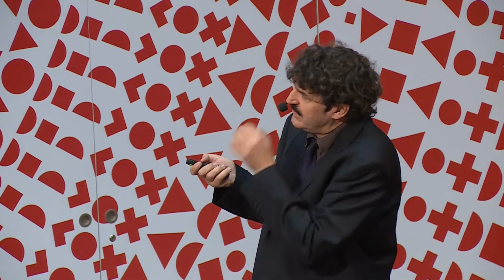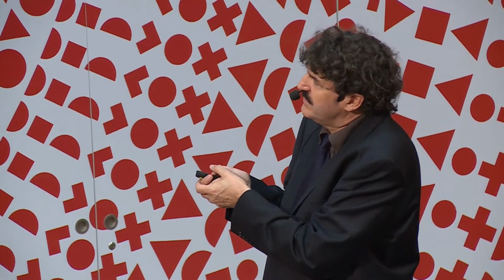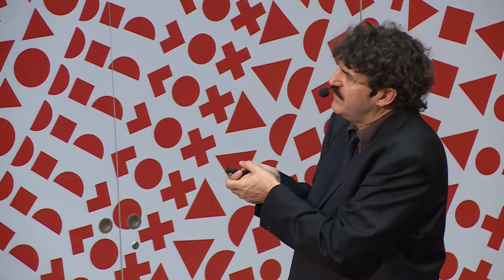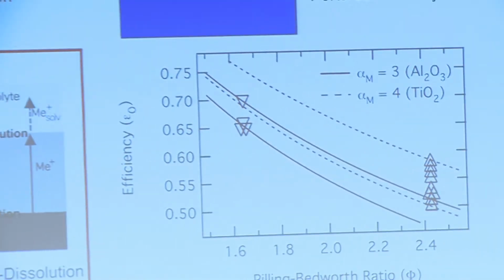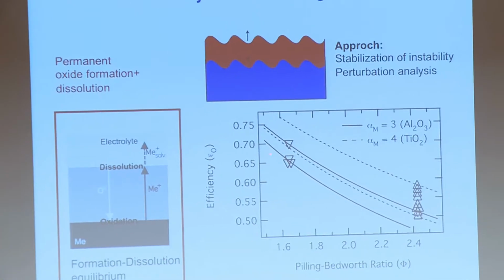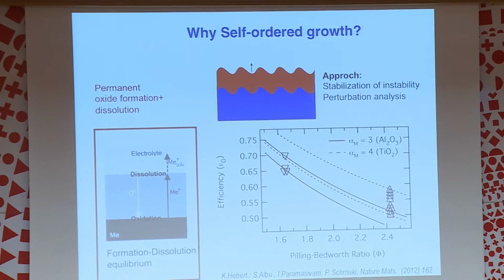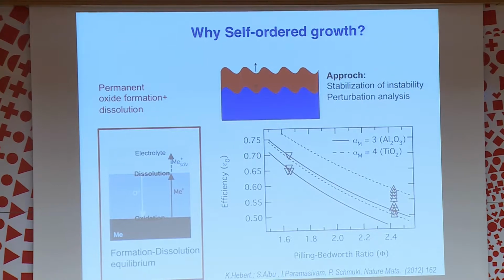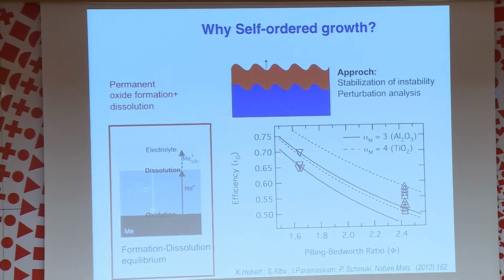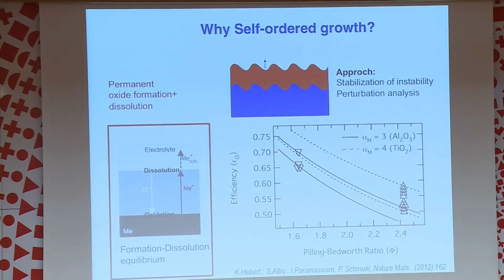And if you do this, then you come up with this figure here. This figure shows the efficiency of oxide formation, that means how much oxide is formed by the current. For example, 70% of the current is going into oxide formation and 30% is going into dissolution.